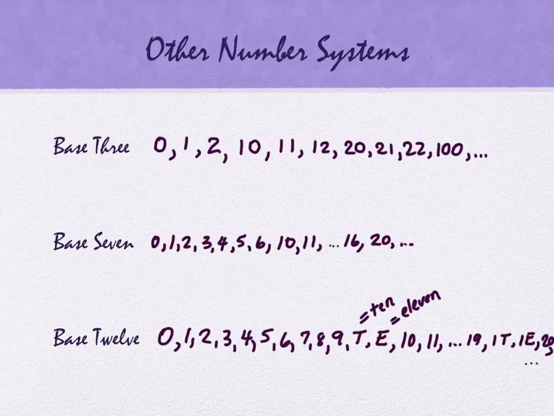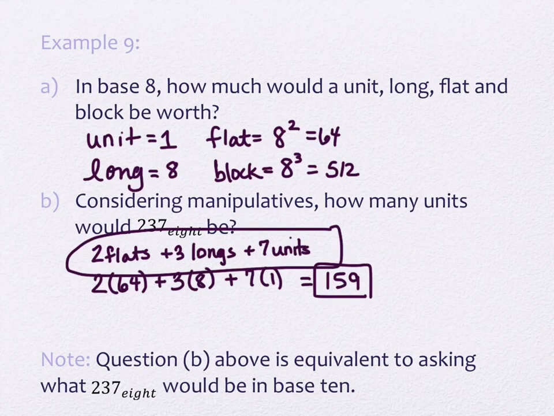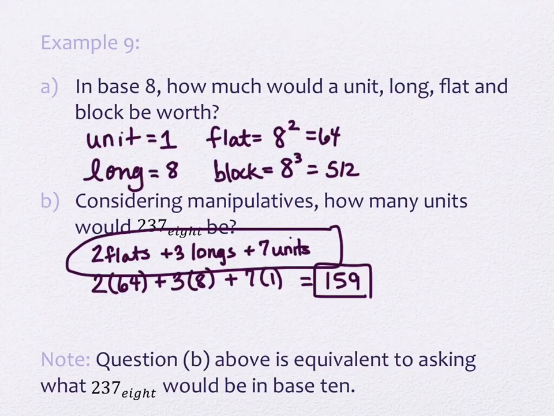In a very real sense, we're going to do what I did right here. We're going to write out 2 flats, 3 longs, 7 units. That's how we're going to think about it. Okay? And then we're going to multiply the expanded form out, which is exactly what we did below that. 2 times 64, 3 times 8, 7 times 1. Add them up, and we're done.